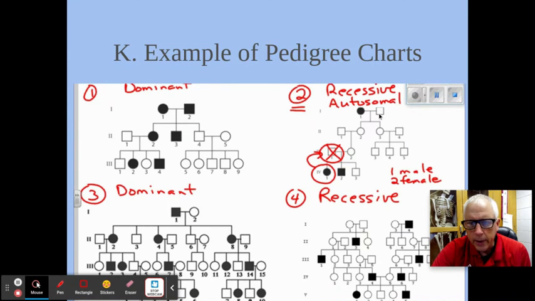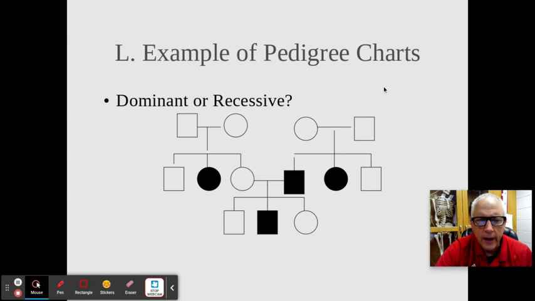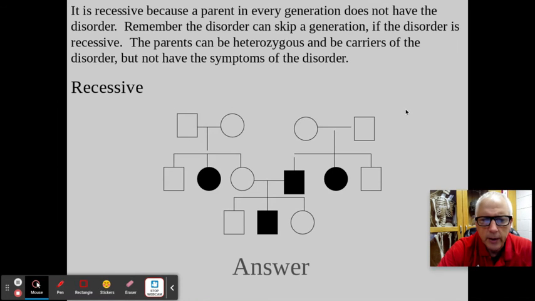Recessive means one parent has it, but you may skip generations, and then it shows up again. I think I put those examples in your chart. It's just a good way of tracing diseases down. You can see if it's dominant or recessive. This one would be recessive, obviously, because neither one of the sets of parents has it, but then it shows up down here.